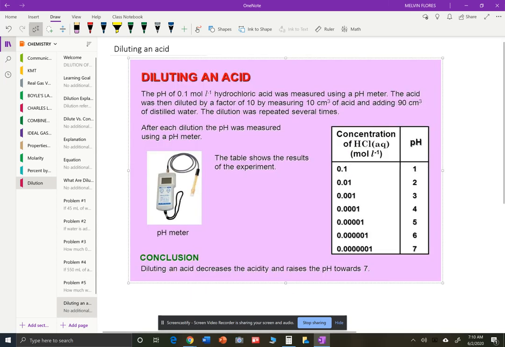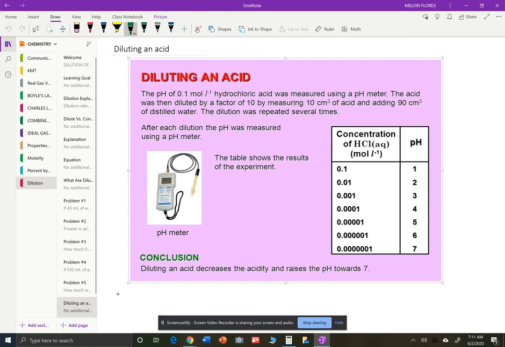And I have here an application of what we just did, diluting an acid with water. What would happen? As you can see here, the concentration of HCl lowers down, what do you think happened to the pH? The pH becomes more basic or alkaline.